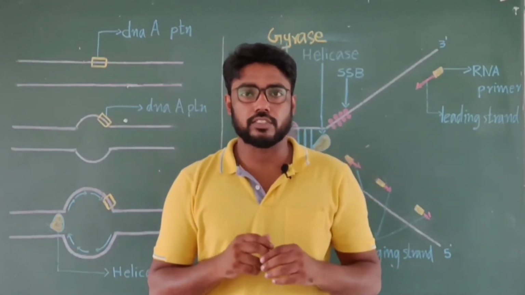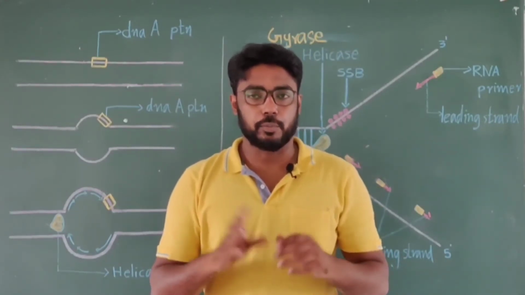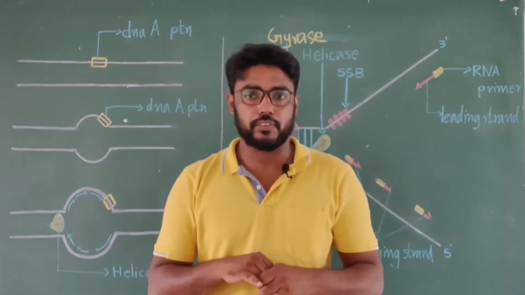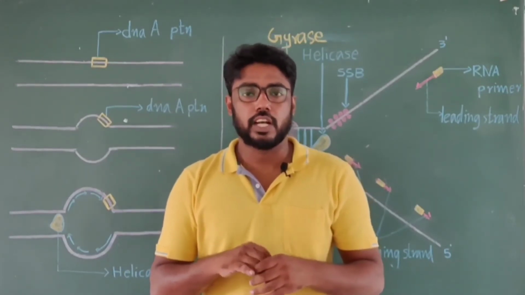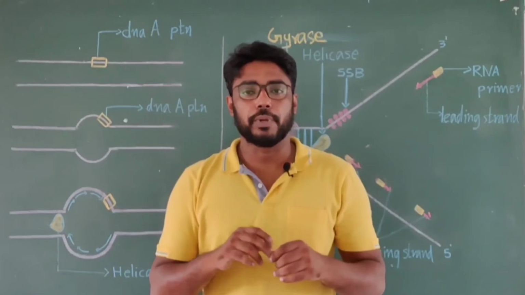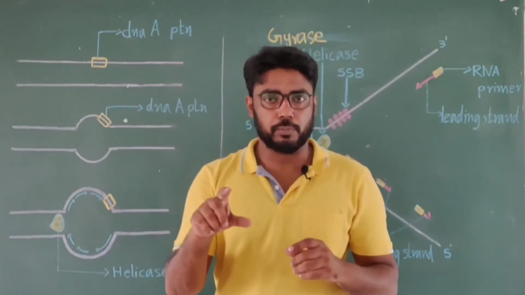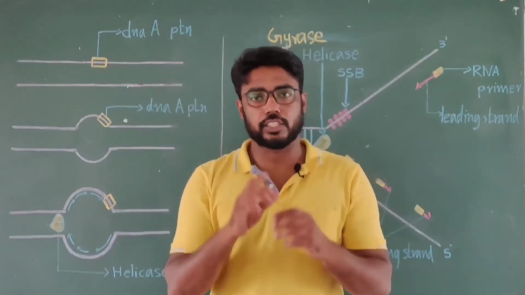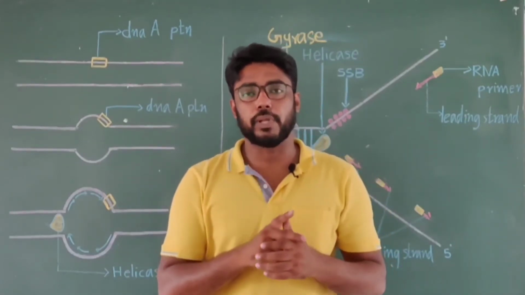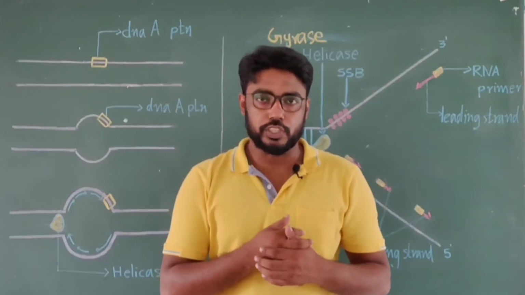Once DNA helicase removes the hydrogen bonds between the two DNA strands, it has two branching prongs, like a fork, and each strand will act as a template for synthesizing a new DNA strand.